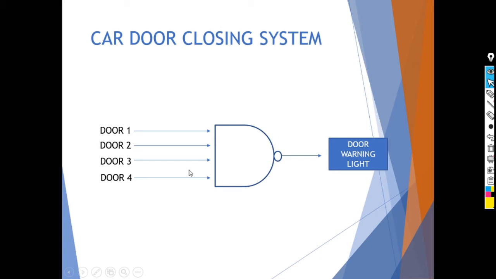This produces an output 1 in the NAND gate. When any one of the inputs is 0, it produces an output 1 in the NAND gate and the indicator light is on. When all the doors are closed, then all the inputs of the NAND gate are 1 and the output is 0, and the indicator is not working. This is another example of application of NAND gate. That's all about NAND gate.